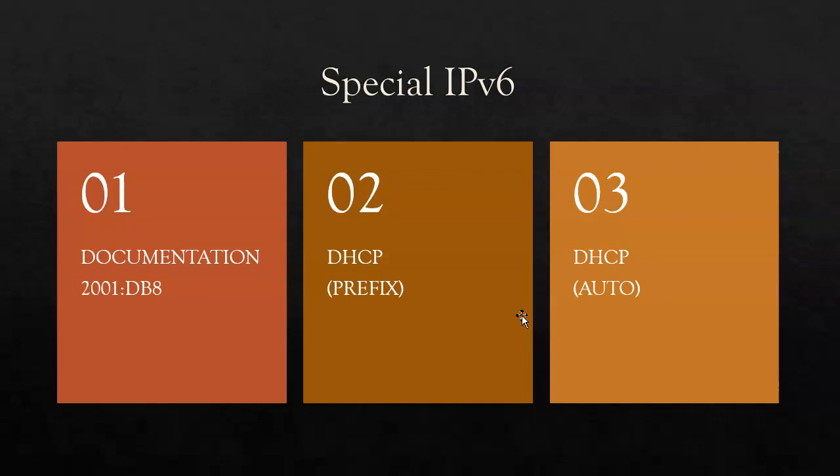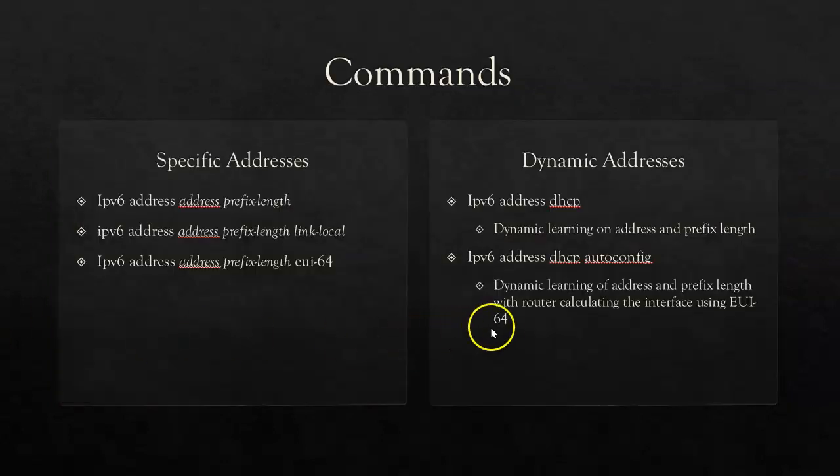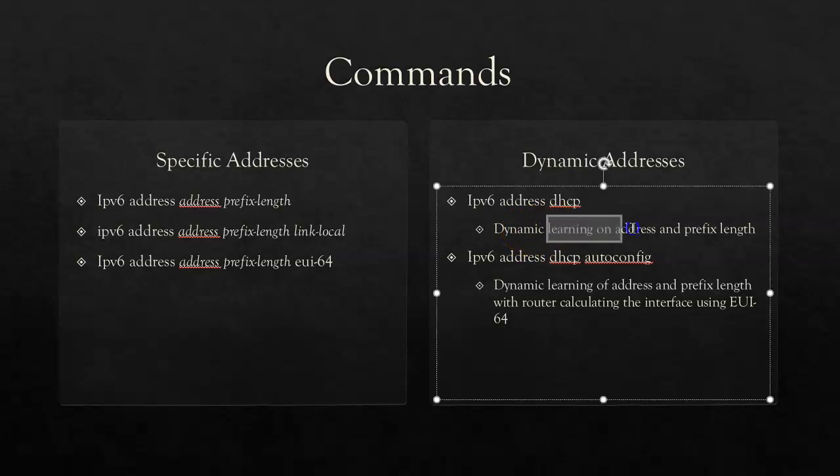But I decided I would do these two different ways. I would use the DHCP server in one case to just give me the prefix of the network, and I'll configure it, and then I can create the address.